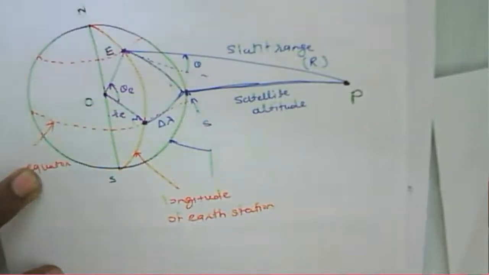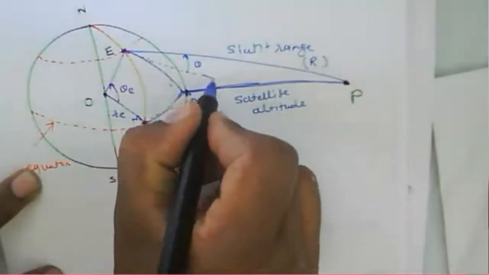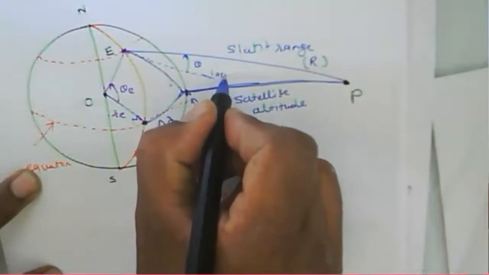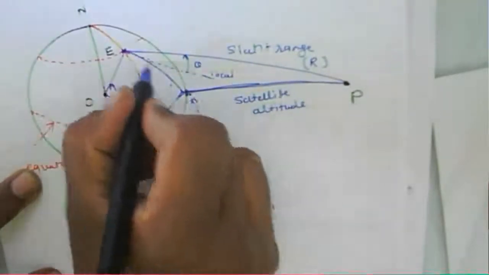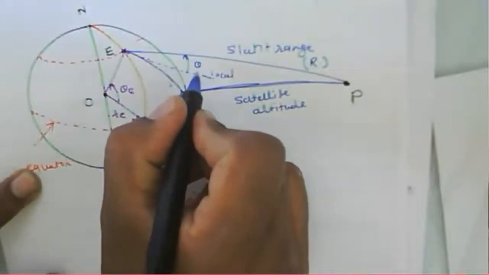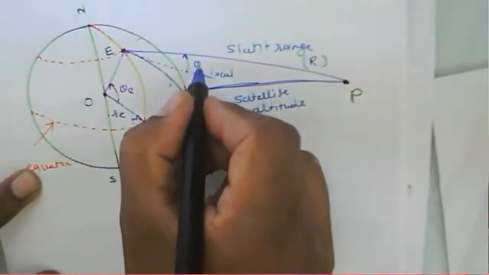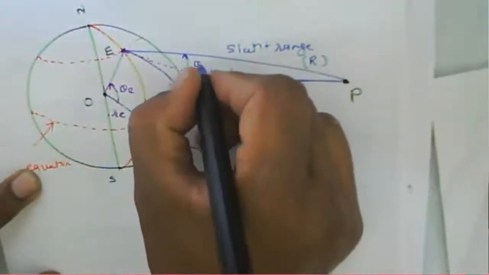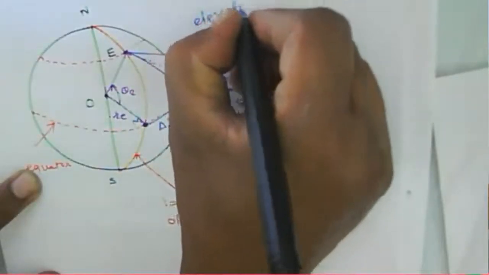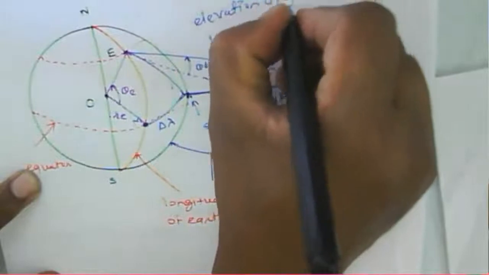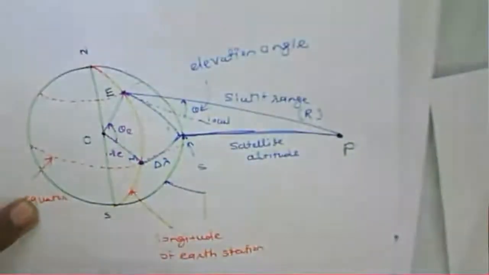This particular line is called a local horizontal or an earth station horizontal. Okay, and that is called theta, and that theta is called the elevation angle.